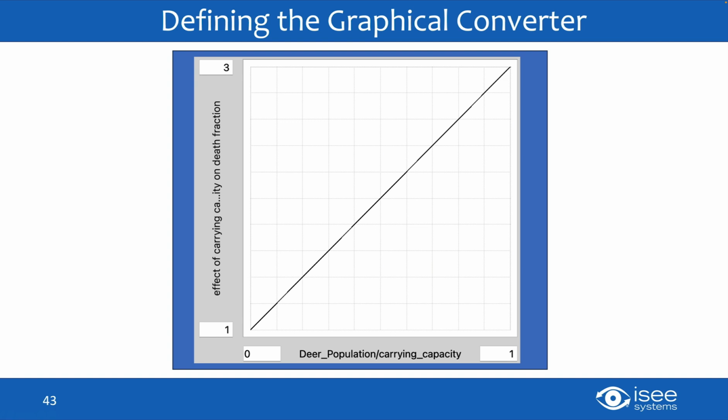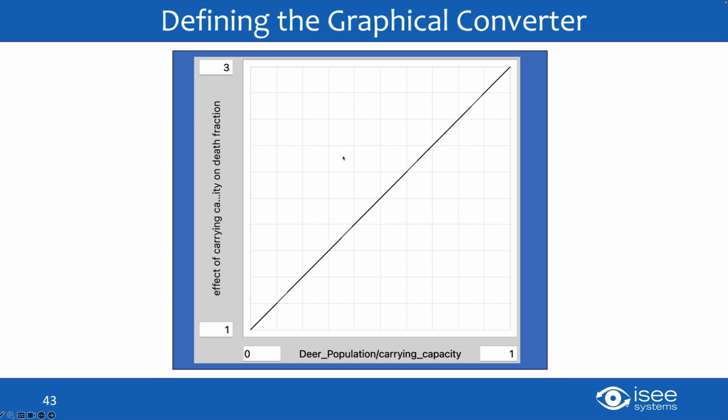For the vertical scale, when there are no deer, the death fraction will not change. But as the deer population grows compared to the carrying capacity, we think the death fraction will grow to a maximum of 3 times the normal death fraction.